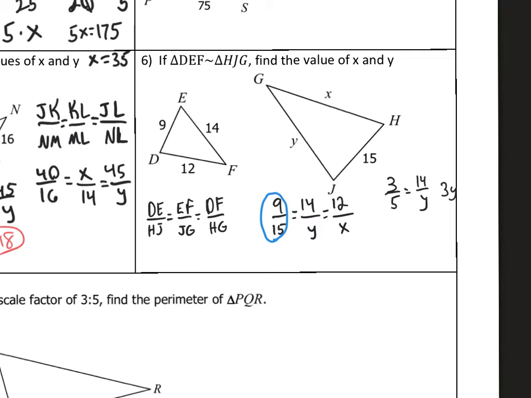So 3y equals 70. So y equals 23 1/3. And to find x, I'm going to use the scale factor, 3/5, and the fraction 12 over x. Now this one I do notice 3 times 4 is 12, and 5 times 4 is 20. So x equals 20.